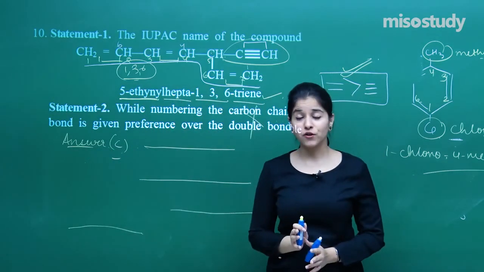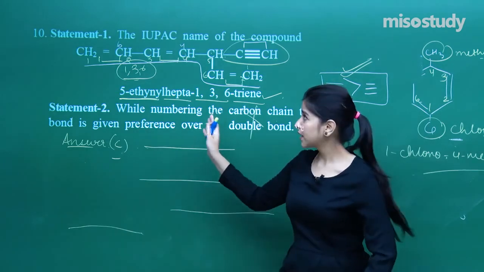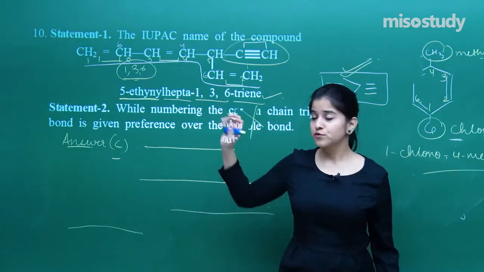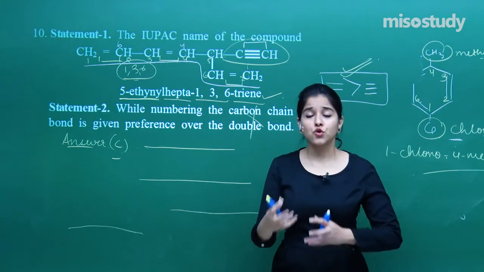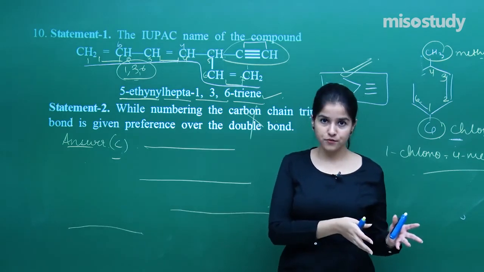I hope everybody has got the answer, and you need to practice a lot more questions in the case of IUPAC naming. It's a kind of typical topic. Why? Because it has so many types of arrangements of atoms leading to complicated molecules.